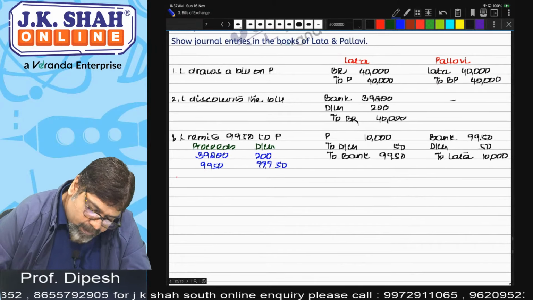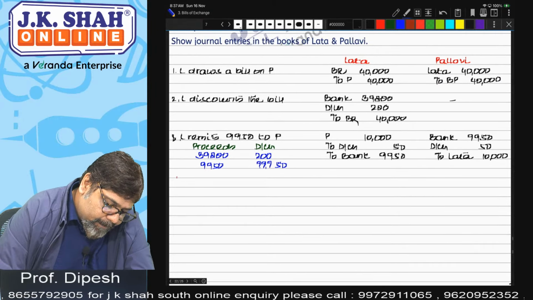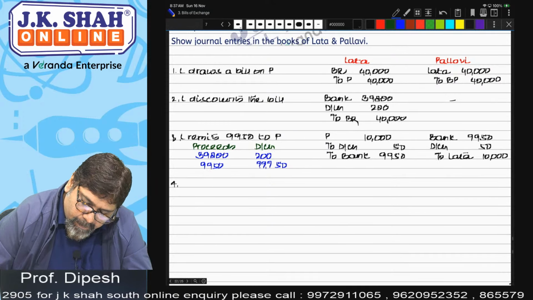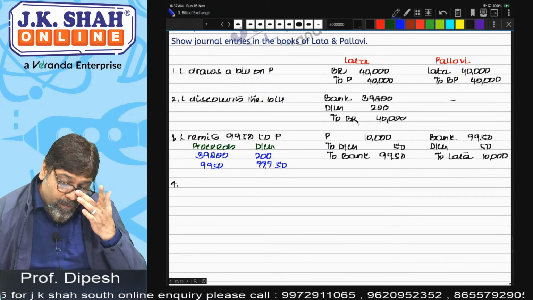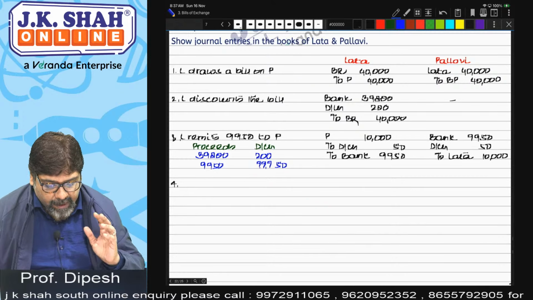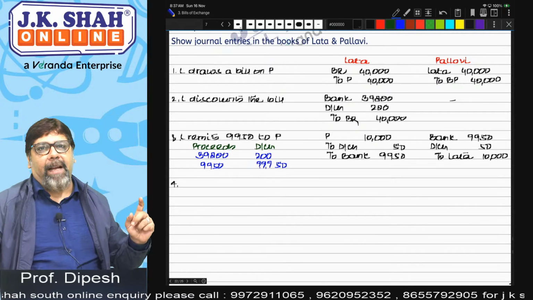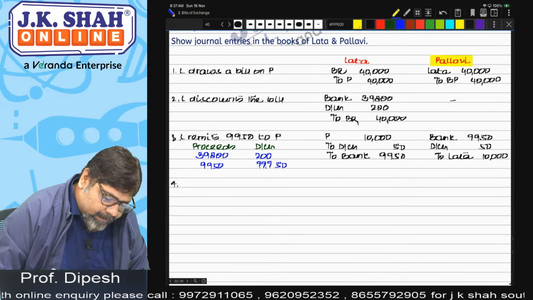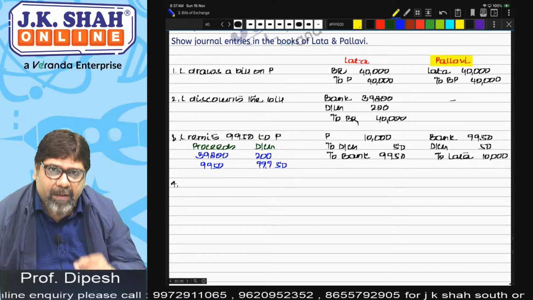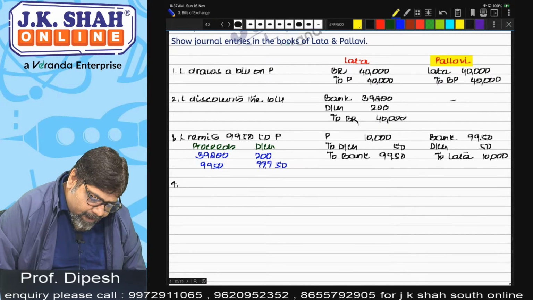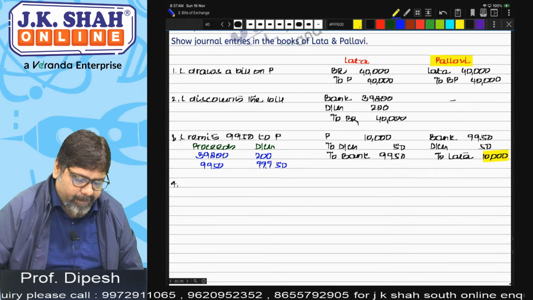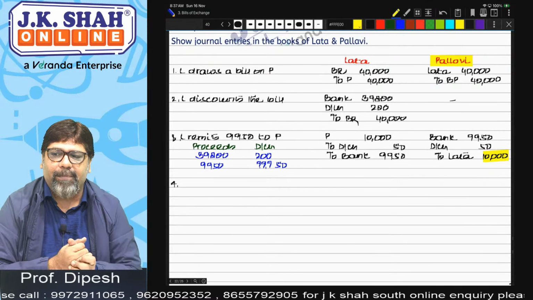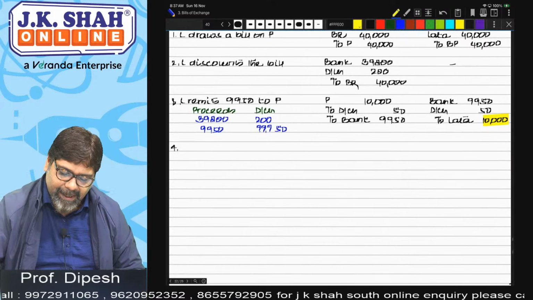Number 4. Now, on the due date, the bank will go to Pallavi, asking for the entire 40,000. But Pallavi has only 10,000. So Pallavi will ask Lata for 30,000.